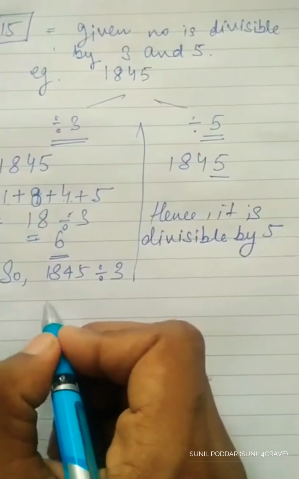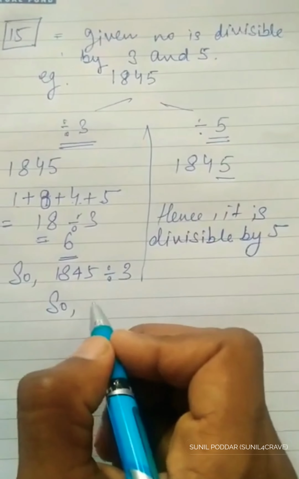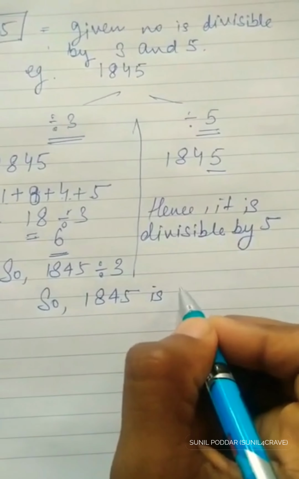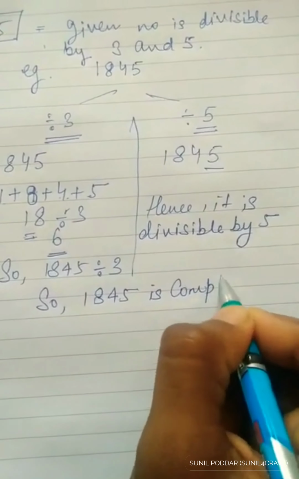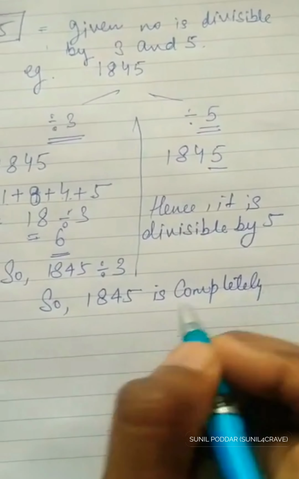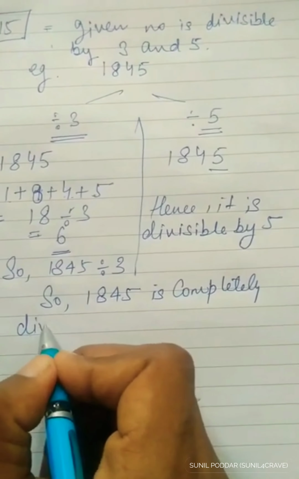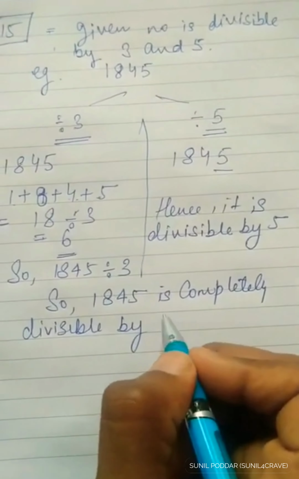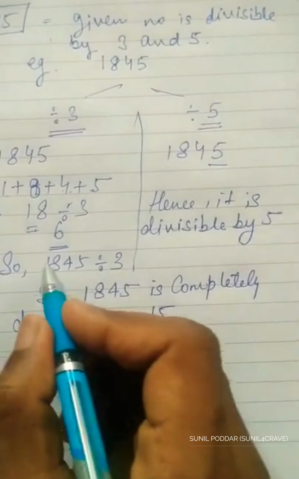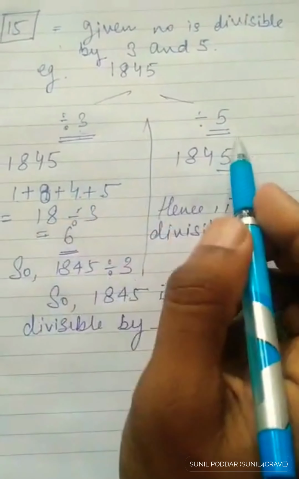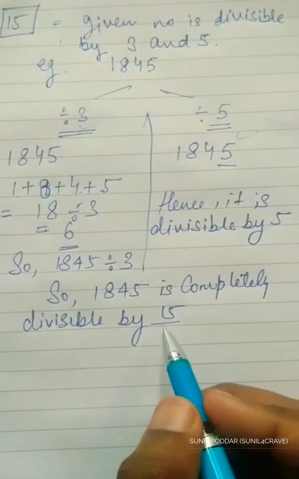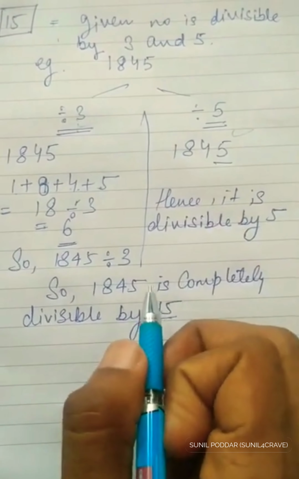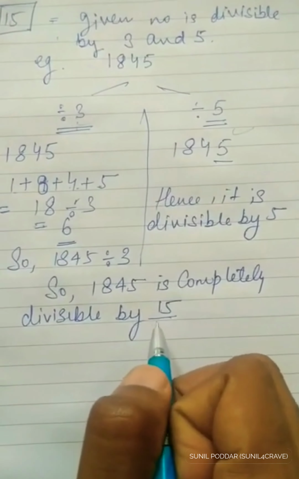So 1845 is completely divisible by 15 because it is divisible by 3 and 5. If you completely divide 1845 by 15, it is completely divisible by 15.